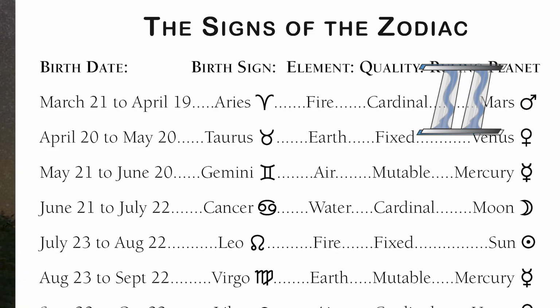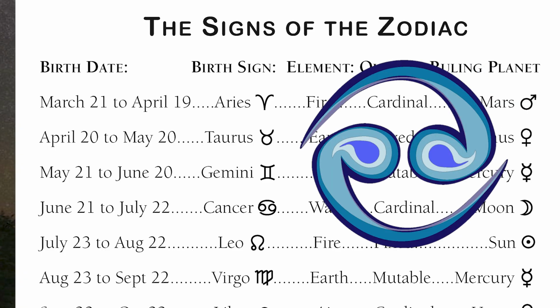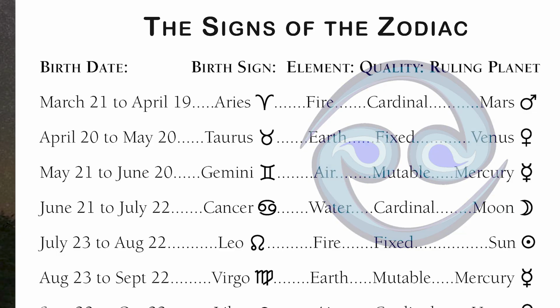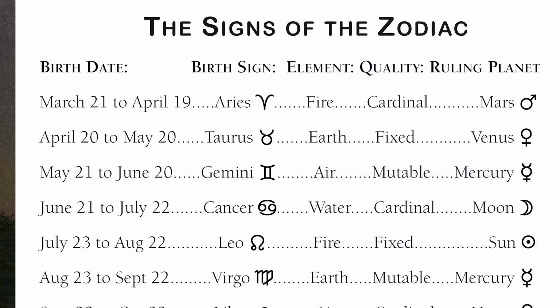Dynamic air interacts. And responsive water dissolves. The signs are also defined by 3 qualities, which are stages in the seasonal cycle, which describes a way of acting. They start with Aries as cardinal, which initiates, followed by fixed, which systemizes, and mutable, which humanizes.